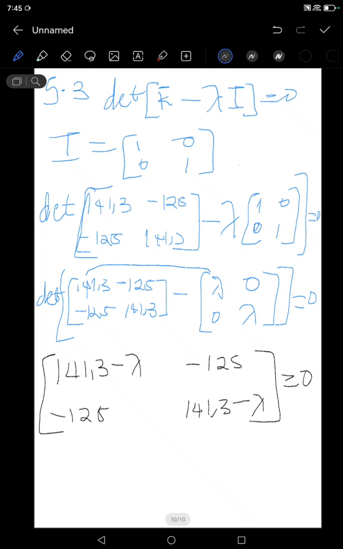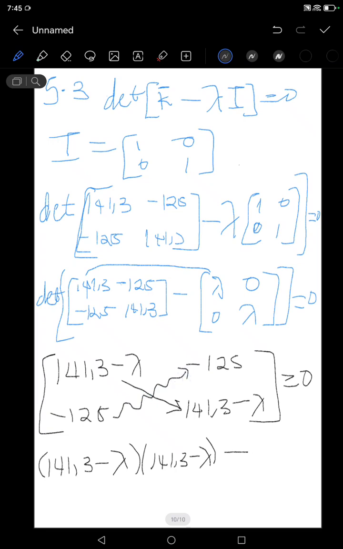We have a determinant on the side, so if it's determinant, this part is gonna multiply with this, so we're gonna have 141.3 minus lambda multiplied by 141.3 minus lambda, minus, we're gonna multiply this too, so it's gonna be minus negative 125 multiplied by negative 125, or equals to 0. And then now we can solve for lambda.